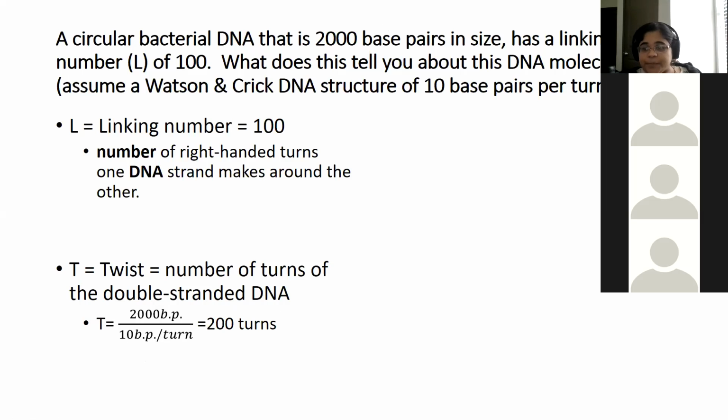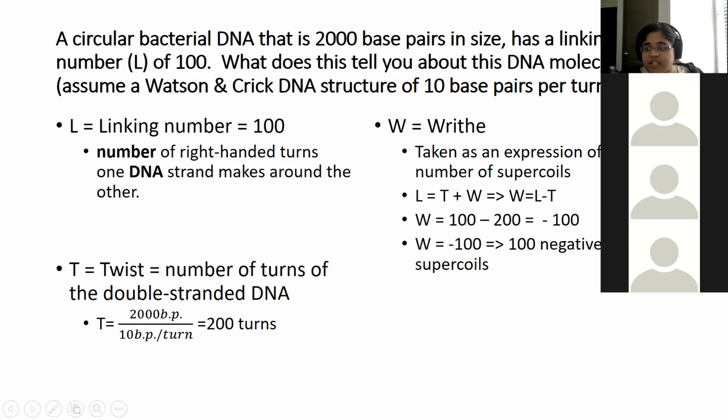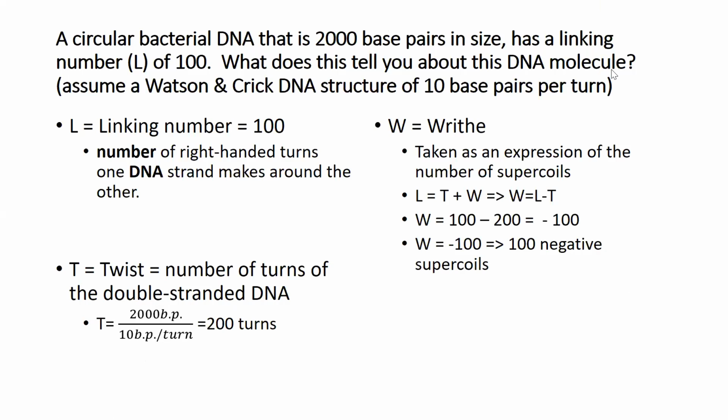Yes. Okay. Now we have something called writhe. Writhe is an expression of the number of supercoils within a DNA molecule. This is the equation for linking number that we have: L equals T plus W. So to calculate writhe, W equals L, linking number, minus twist, okay?